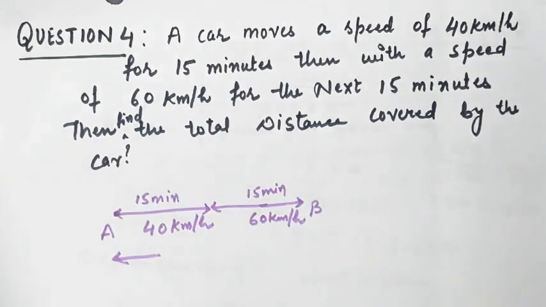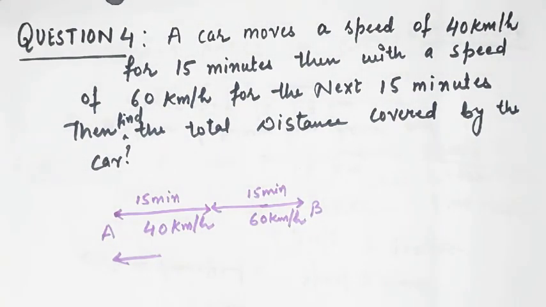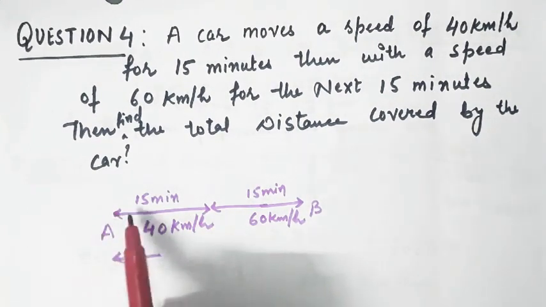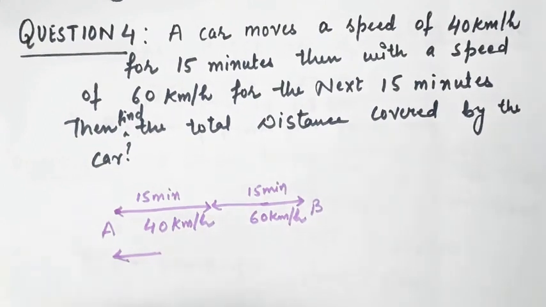Let's understand this question clearly. See, if I say that the starting point is A, for 15 minutes its speed was 40 km per hour.